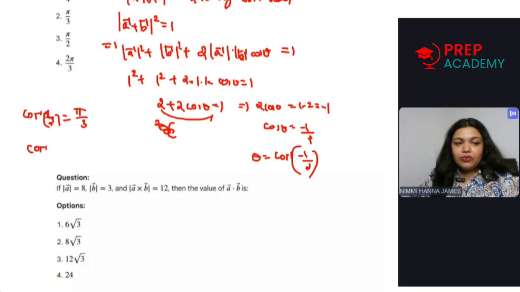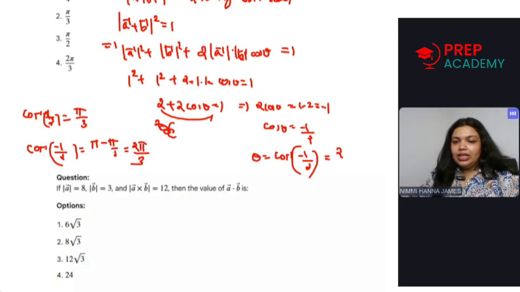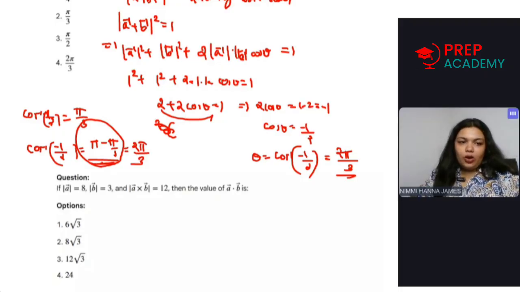So cos inverse of minus 1 by 2 is pi minus pi by 3, that is 3 pi minus pi over 3, which is 2 pi by 3. So our answer, theta, is 2 pi by 3. This we did using the trigonometric formulas that we learned in class 11 and 12. So option 4, 2 pi by 3, is the answer.